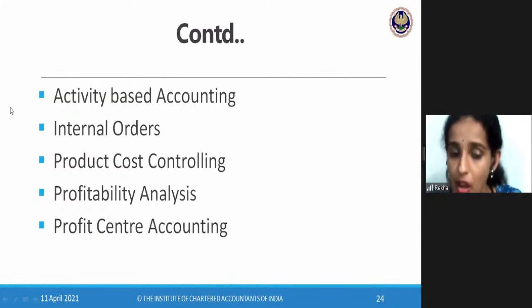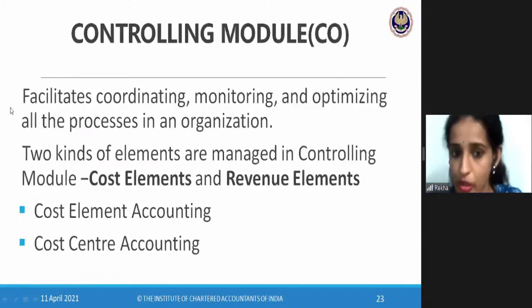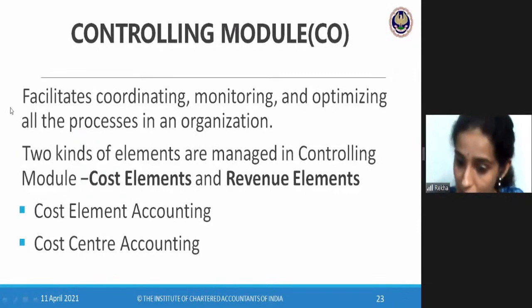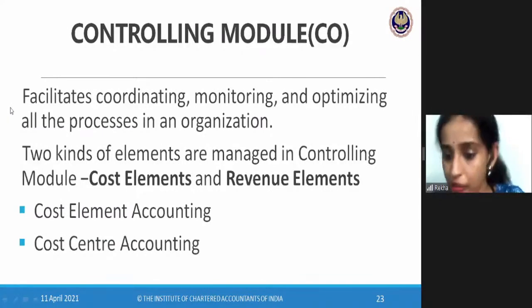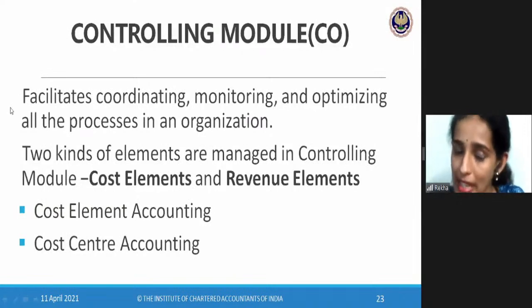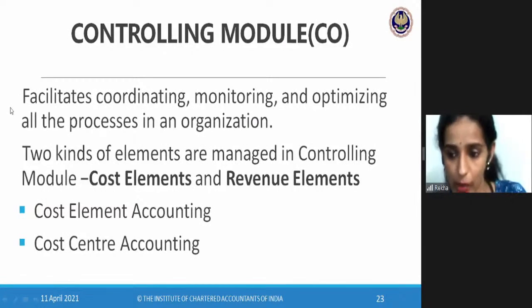Now, all this comes under your controlling module. So the controlling module basically checks whether each and every transaction, whatever is recorded in your financial module, is within the budgeted limit, or whether the profit segment wise or even business wise, whatever profit they get, is as per the forecasted profit. So they are mainly dealing with the cost and revenue elements.